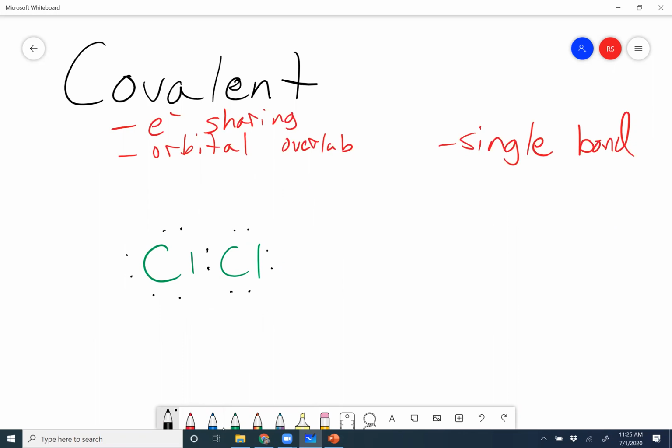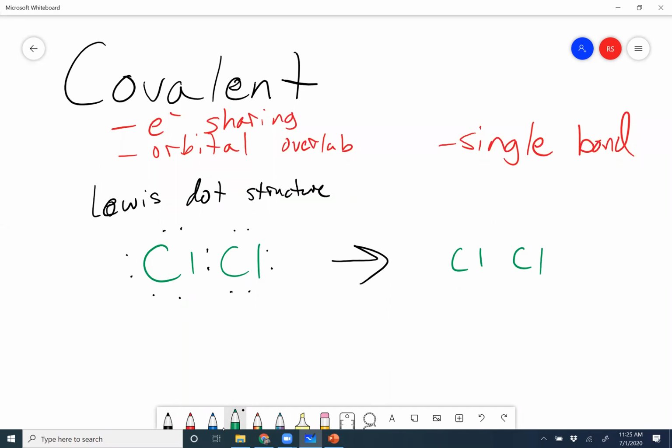We can then make this even simpler by writing it as what's called a structural formula, where we ignore the lone pairs, we don't need them. You can write them if you want, but you don't have to. And then everywhere there's a bond, we just draw a line. There's only one bond, so we only draw one line. And this is called a structural formula.